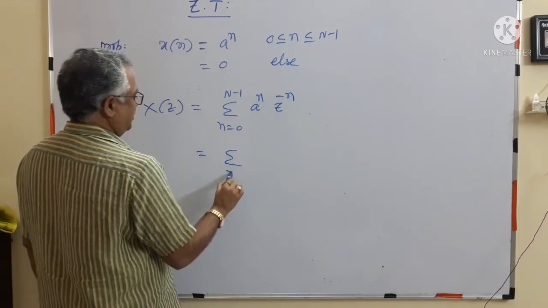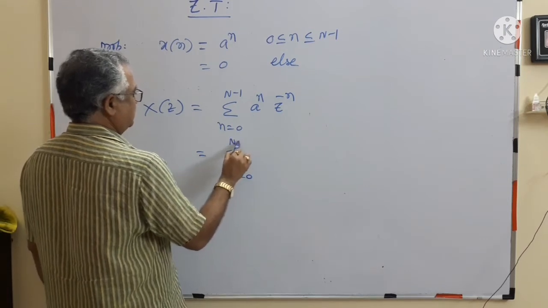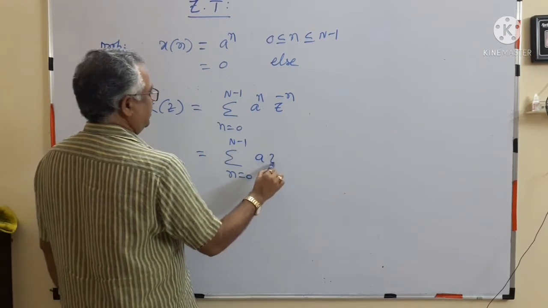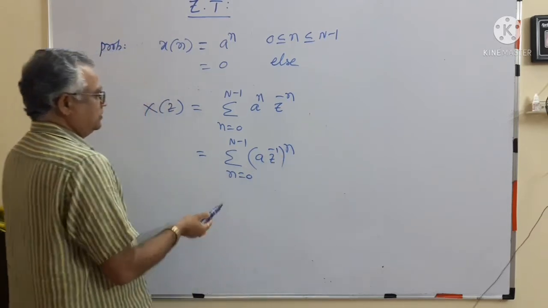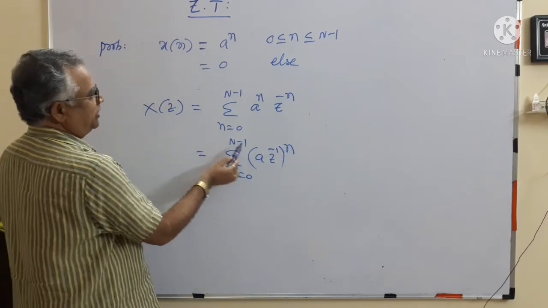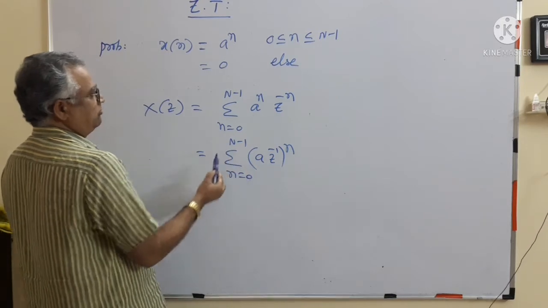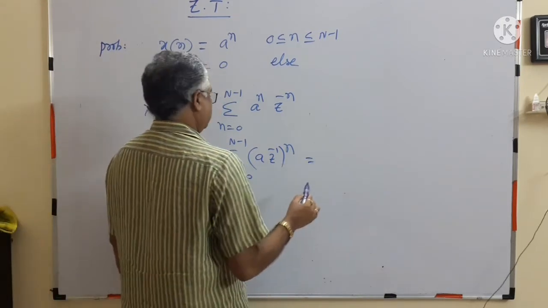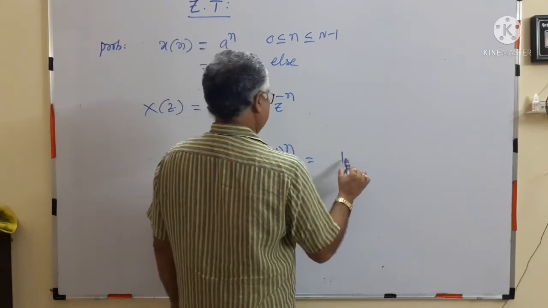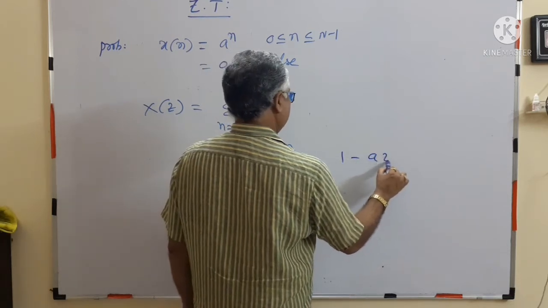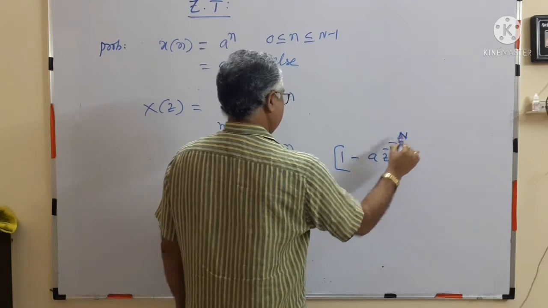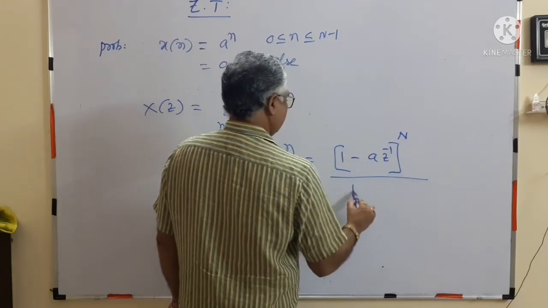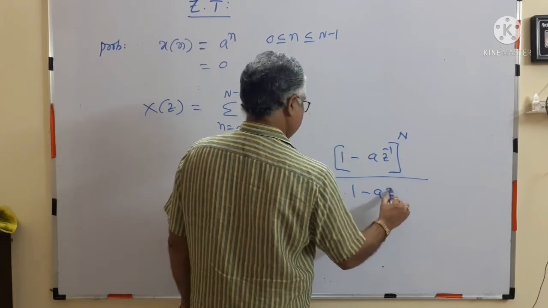This is nothing but the sum for n equal to 0 to n minus 1 of a z inverse to the power of n. If it is 0 to infinite we have an answer, but for 0 to n minus 1, as per mathematics you are aware of, you get 1 minus a z inverse to the power of n by 1 minus a z inverse.